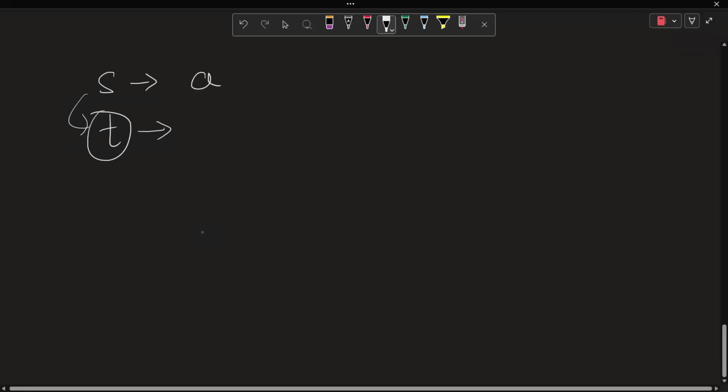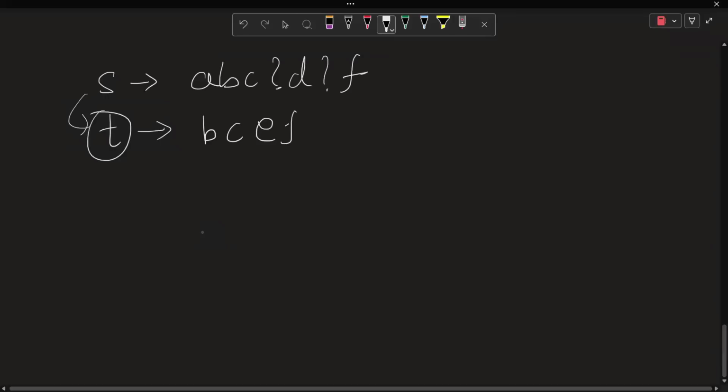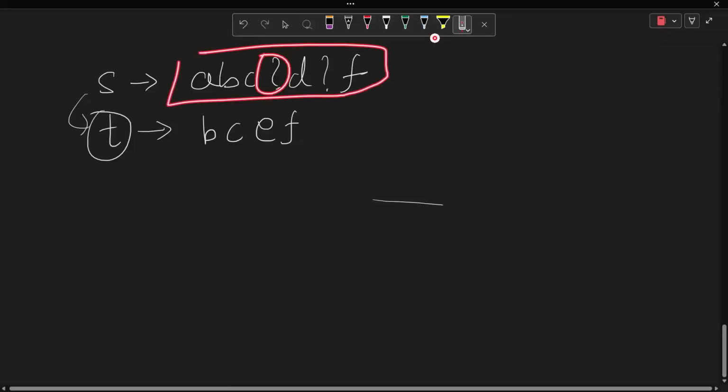Let's suppose in S we are given A, B, C, question mark, T, question mark, F, something like that, and here we are given B, C, E, F. Let's suppose this is our test case. The question is saying that in S we have alphabets from A to Z and some question marks.